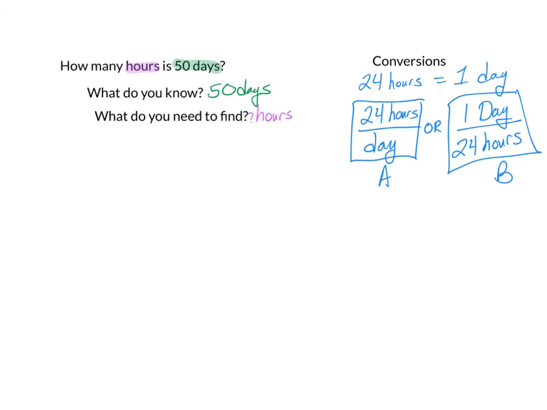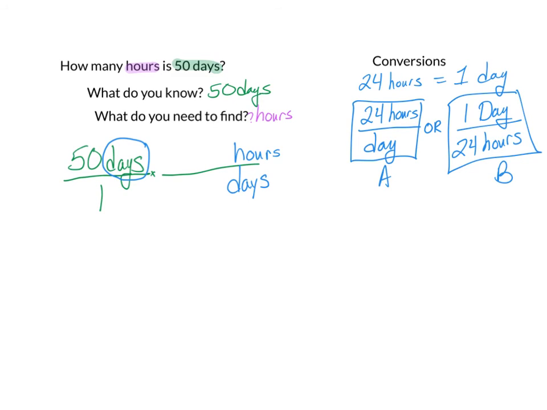We start the math part of this with the thing that we know, which in this case is 50 days. So if we have 50 days, we're going to write that over 1 to make it into a fraction, and now we should find what we need to cancel, what needs to go on the bottom. In this case, because we have days on top, we need to have the days on the bottom in the conversion. And that means hours will go on top because we're going from days to hours.